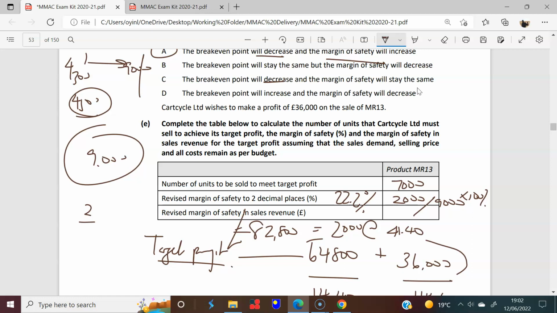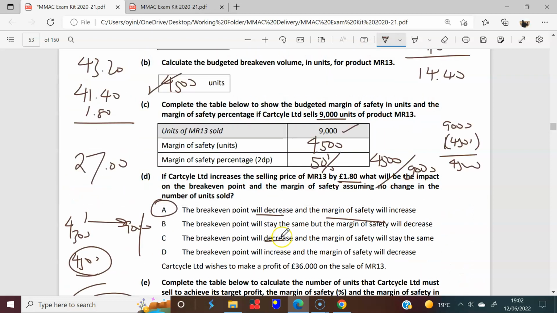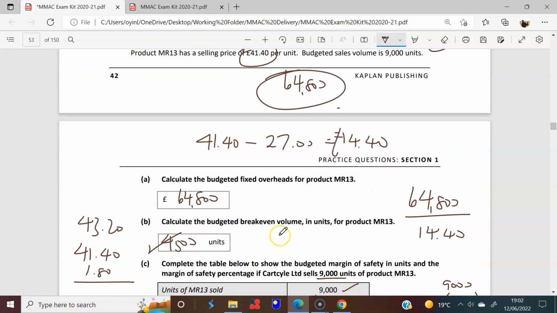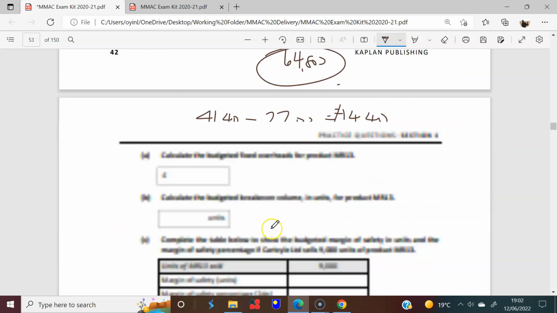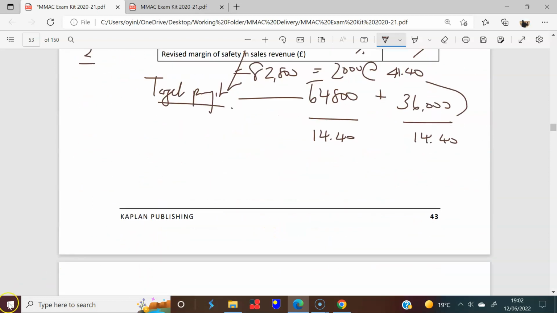And then you compare your current sales budget of 9,000 to the new expected target profit of 7,000 units, and then take that as a percentage of the 9,000, and then you're there. Okay, great stuff. And that is question 57.